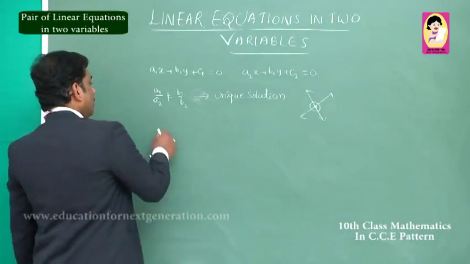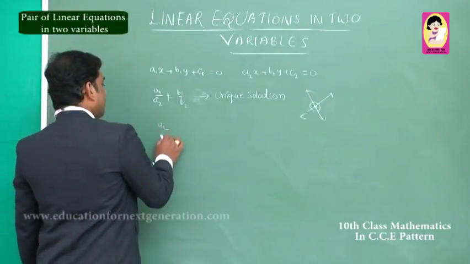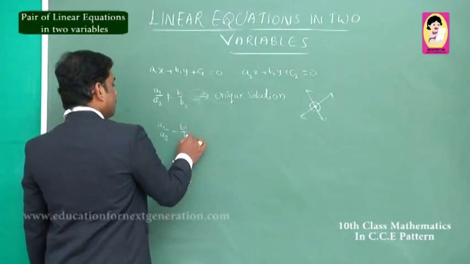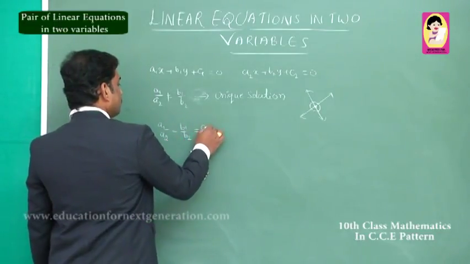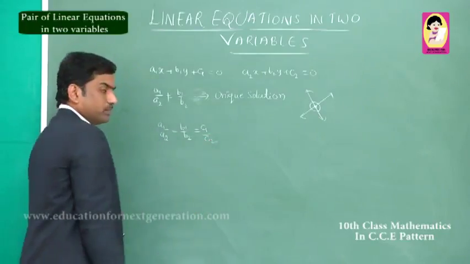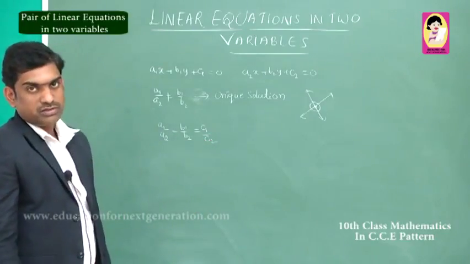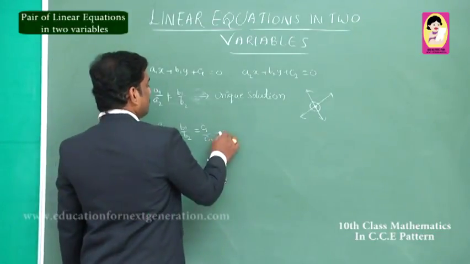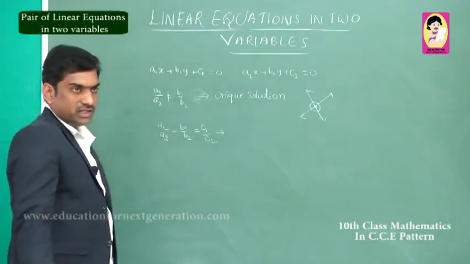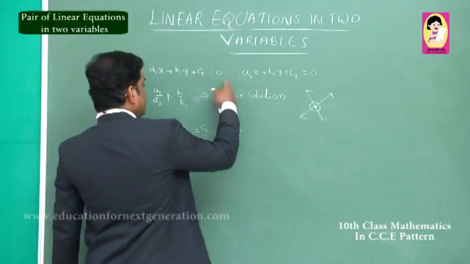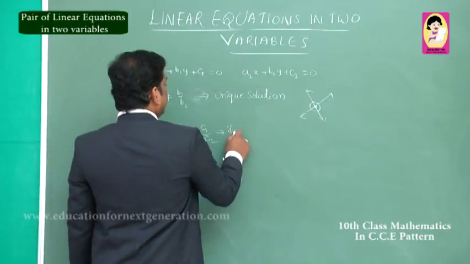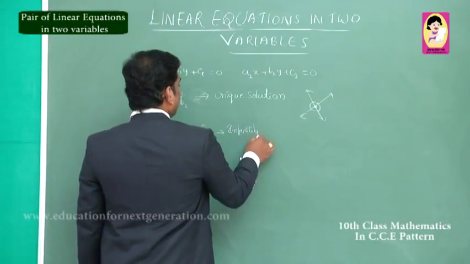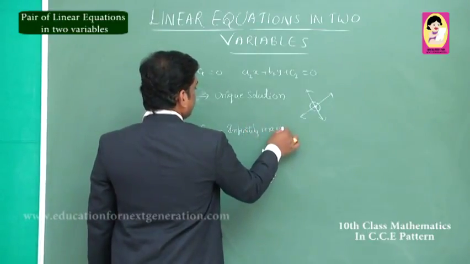Suppose we get a1 by a2 equals b1 by b2 equals c1 by c2. Then we will say these two lines will have infinitely many solutions.